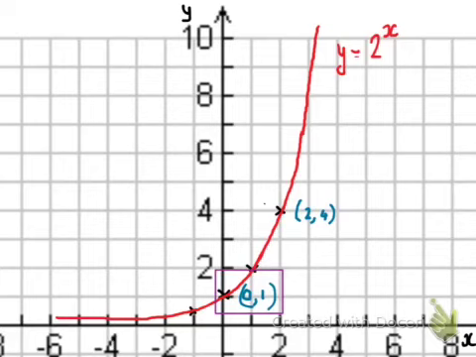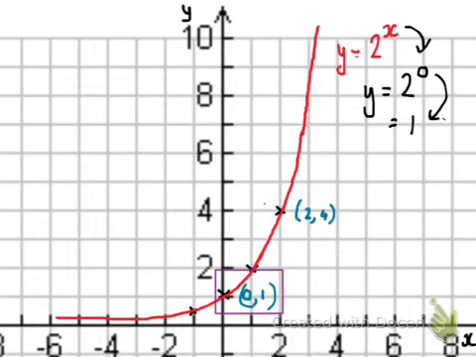Because if you look at y equals 2 to the power of x, for example, if x is 0, anything to the power of 0 equals 1. It wouldn't matter what our base was, it could be 10 or 20. If x is 0, we're always going to get 1. So these exponential graphs, unless they've been dilated or moved, pass through that point 0, 1, because when x is 0, y is 1.